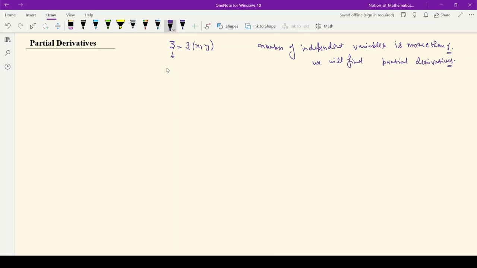Students, if you observe here, z is a dependent variable, and x and y are independent variables.